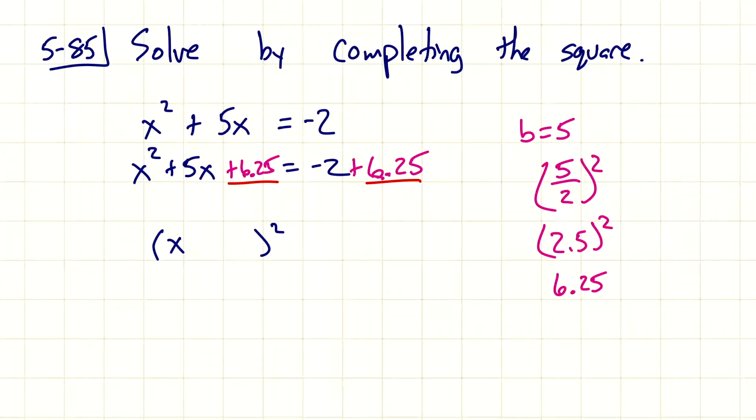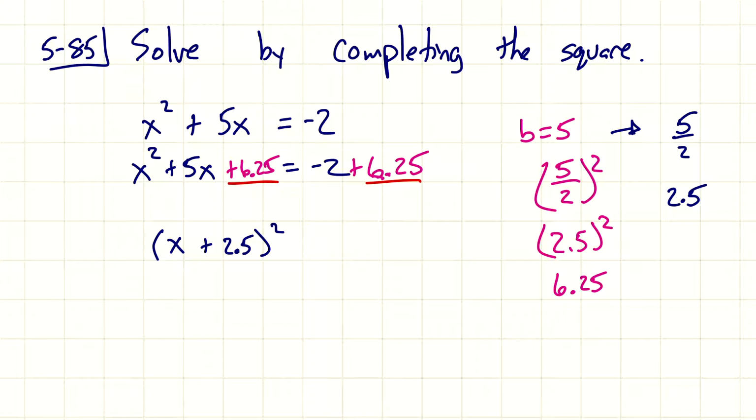So this is going to be x plus 5 divided by 2, we already said was 2.5. You don't have to worry about area model or something confusing like that. As long as you know your b value, right? You already know your b value is 5 divided by 2 is 2.5.